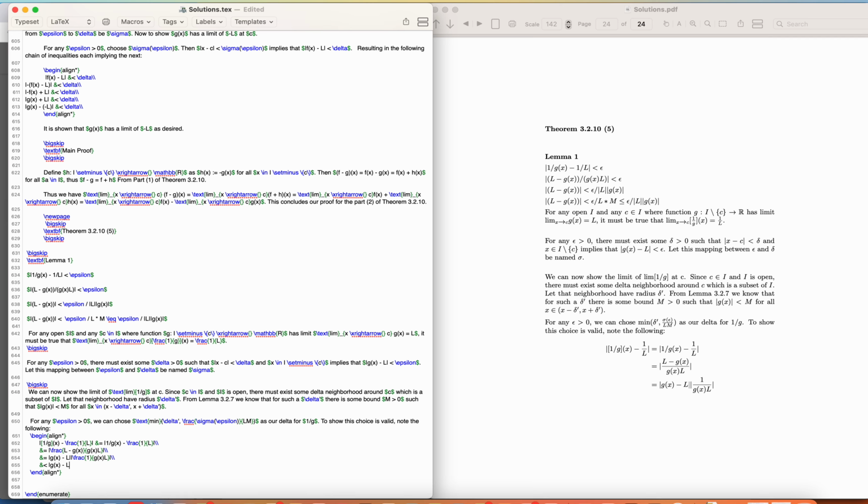So first we can apply the fact that it's less than delta prime.